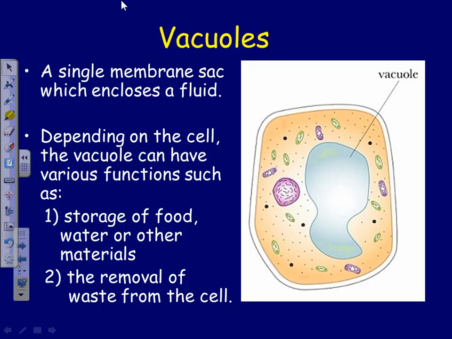You might want to say sac that stores food and water and removes waste. A waste vacuole will literally get filled with molecules that they don't want. It'll slowly work its way to the side, and then it'll literally get rid of that stuff. Out the side it goes. So it is a sac that stores food and water and removal of waste.